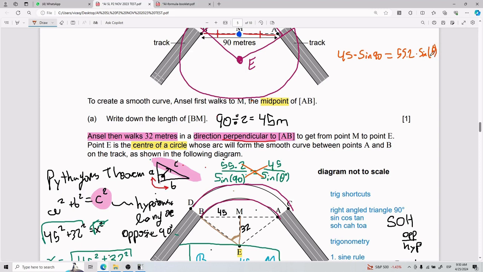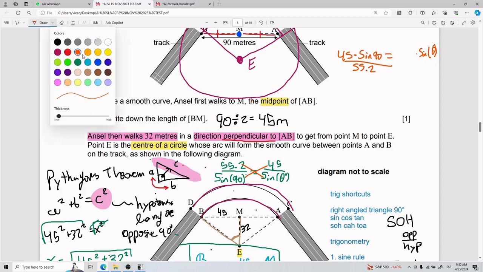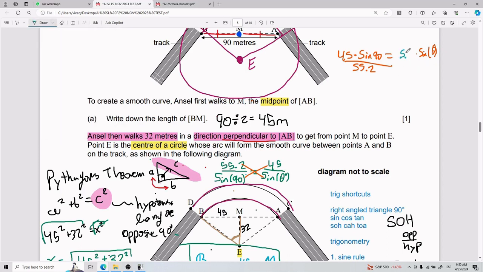And so from here, in order to get sine theta alone, you can divide by 55.2, divide by 55.2, so that this goes away with this. Then in order to get theta alone, you can do sine inverse once again. So sine inverse of all of this and sine inverse of all of this, so this goes away with this, and boom, you end up with only theta.